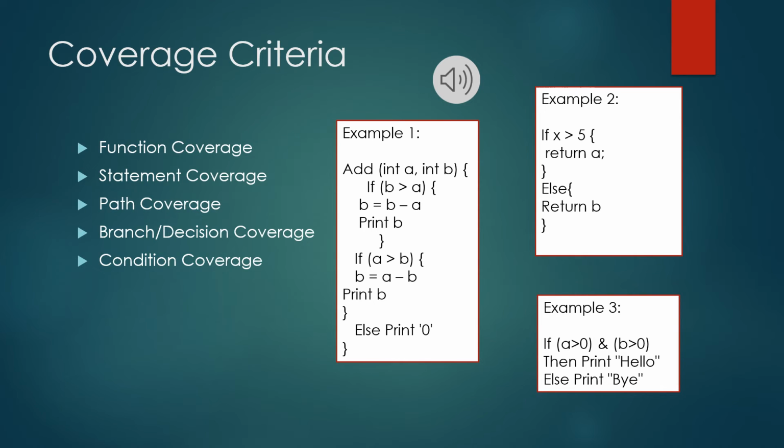Similarly, when data set 4 and 2 is used, then B being 2 greater than A being 4 evaluates to false, and A being 4 greater than 2 being B evaluates to true. Thus, both the conditions have both the values true and false covered. Therefore, the condition coverage would be 100%.